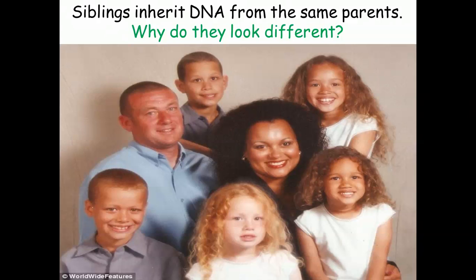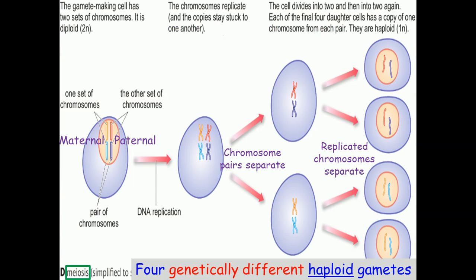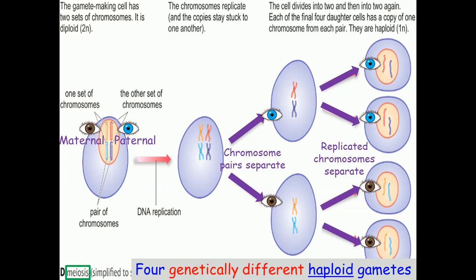Now, siblings inherit DNA from the same parents, so why do they look different if they're inheriting DNA from the same individuals? Now, we know in meiosis the cell divides twice, and here, for instance, if a person had a brown eye allele and a blue eye allele, after cell division they will form gametes, and because these gametes are haploid, they'll either contain the brown eye allele or the blue eye allele.